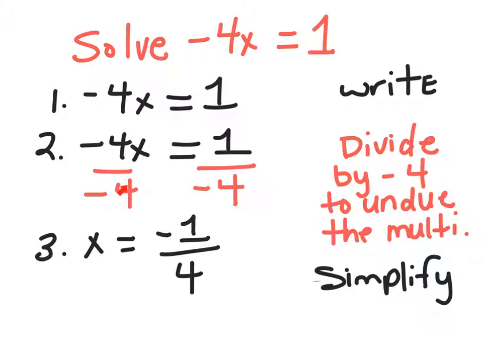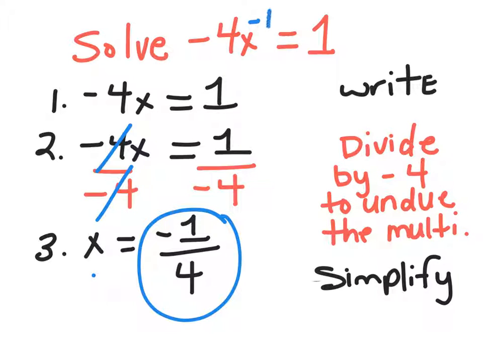So we put the 4x over negative 4, and 1 over negative 4. That undoes the multiplication, and we're left with x equals negative 1/4, and that is as simplified as it can get. Then we can go back and put that in our original equation, instead of the x there, multiply it out, and we should get 1.